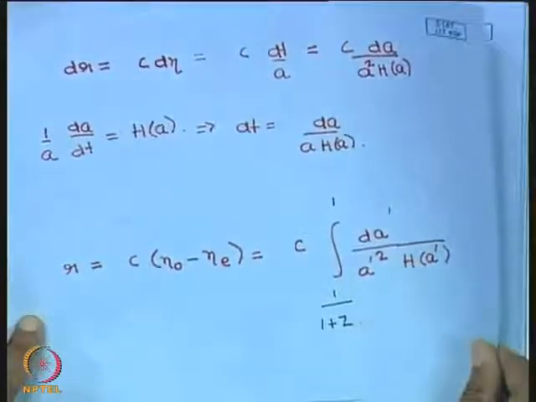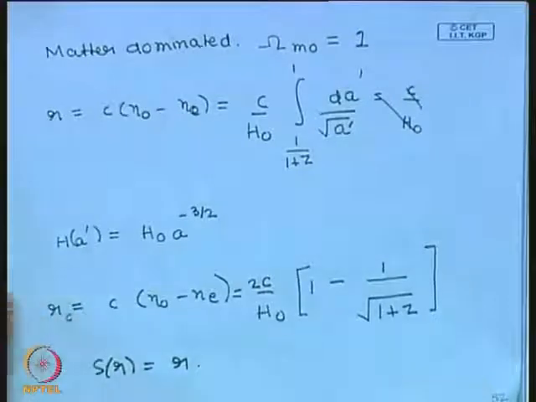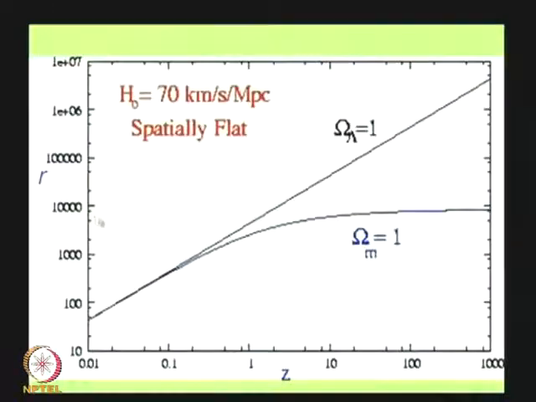In this picture I also show you another, the units here are megaparsec. Okay, I have chosen Hubble parameter H0 as 70, and the models are both spatially flat. I have also shown the comoving distance r for another cosmological model which has only cosmological constant and no matter. You see the difference.